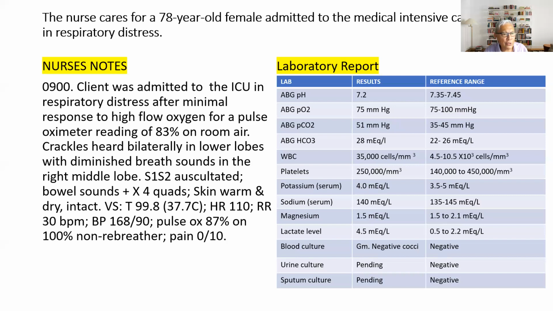S1, S2 auscultated, bowel sounds times 4 quadrants, skin warm and dry, intact, vital signs 99.8, 37, heart rate 110, and respirations of 30, with a blood pressure of 168/90 and a pulse ox of 87% on 100% non-rebreather.